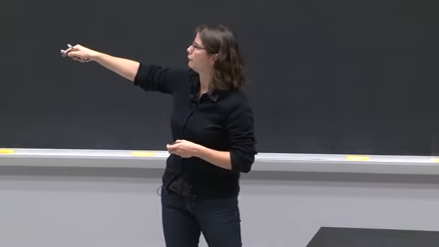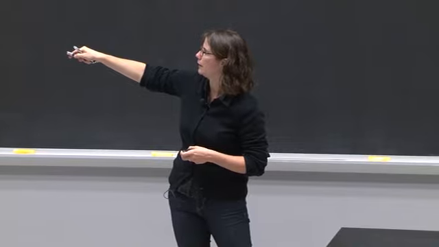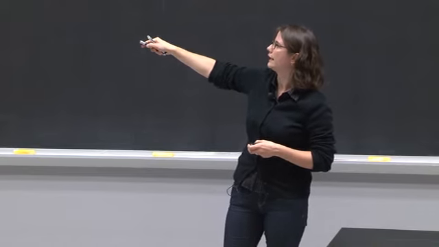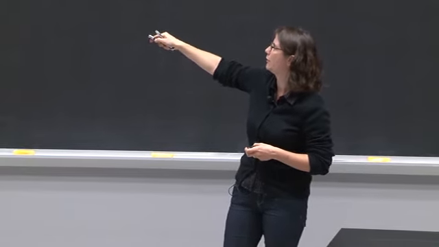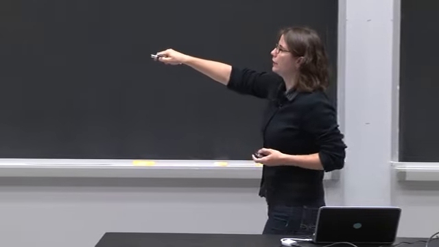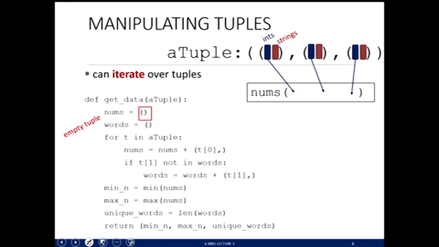Okay? So first time through the loop, t here is going to be this first tuple. The second time through the loop, t is going to be this tuple, and the third time it's going to be this exact tuple object. Okay? So each time through the loop, I'm going to have this nums tuple that I'm going to keep adding to, and each time I'm going to create a new object and reassign it to this variable nums.